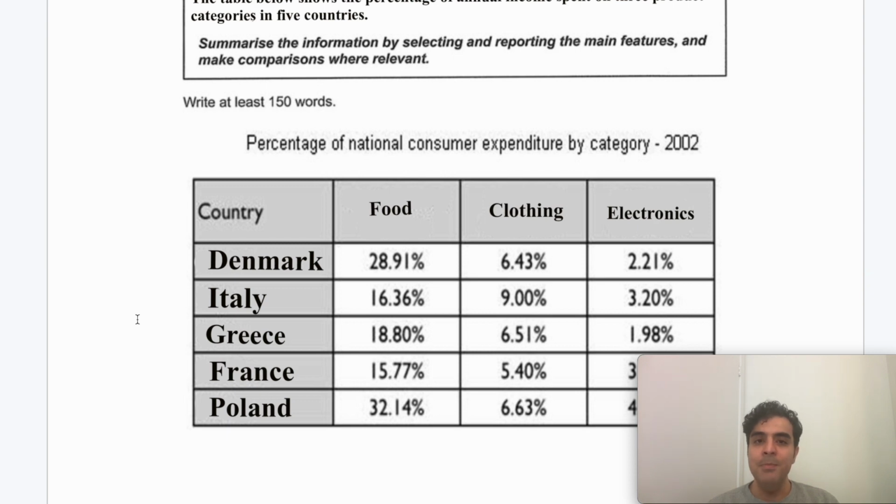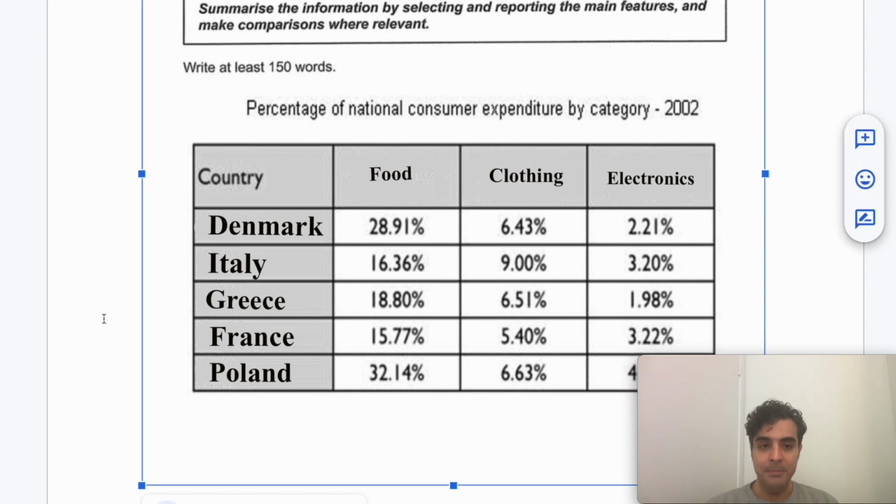Because the aim is to compare the percentage of income that the Danish spent on food compared to how much the Italians spent on the same category, or perhaps how much the Italians spent on food compared to how much they spent on the other 2 categories of clothing and electronics. So once again, in this case, we're dealing with quantitative and discrete data.